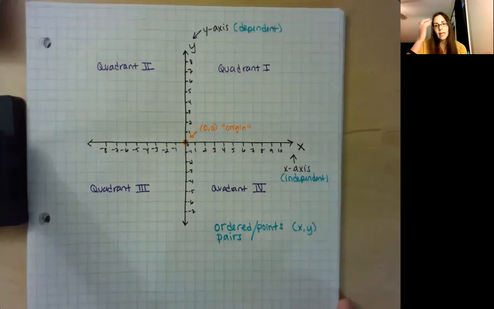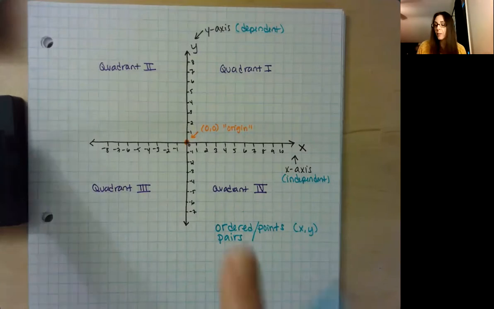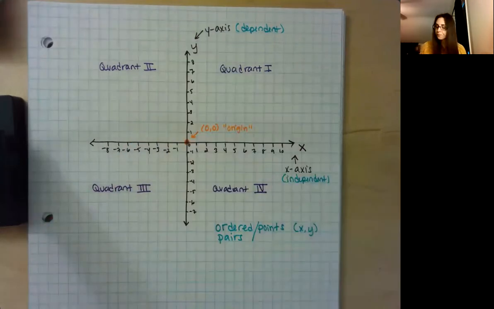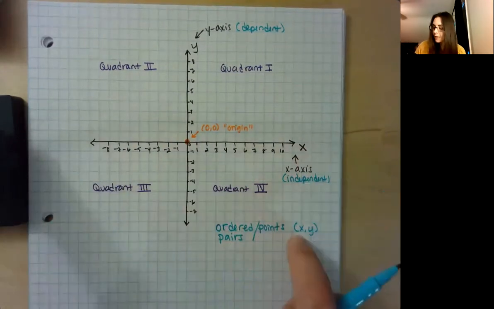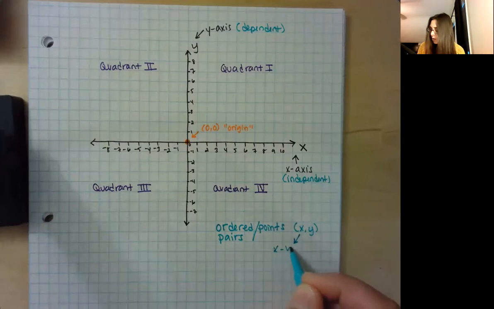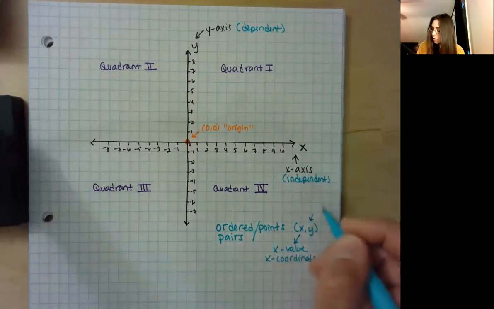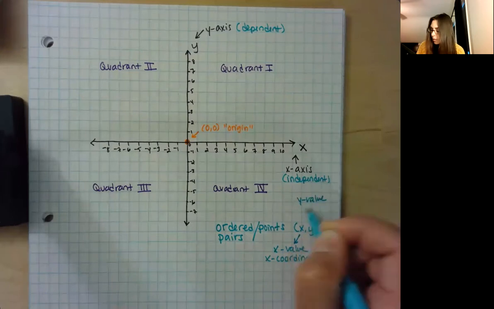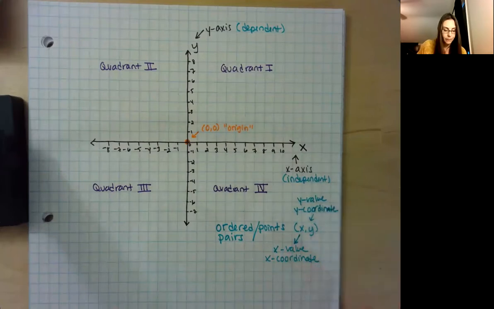As you get into more advanced classes, we don't always use x's and y's. We may use different variables, so we'll often refer to them as the independent and dependent axis instead. But you always have the horizontal value first and the vertical value second. This first one here is called your x value or your x coordinate, and the y one is called your y value or y coordinate.